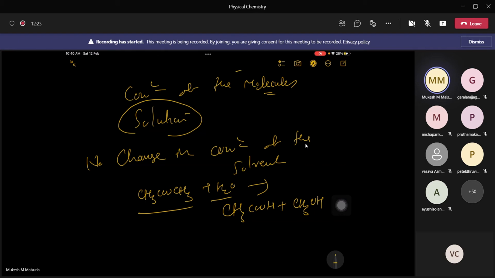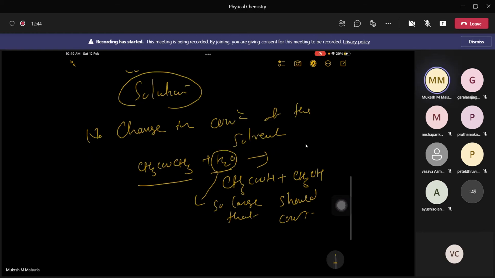In this particular case, the concentration of water is so large that we consider its concentration to remain constant throughout the process. So we can consider that there is no effect of solvent on the reactants or the reaction.